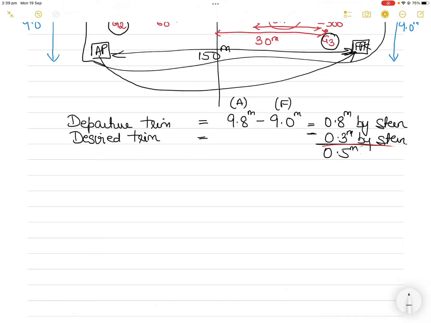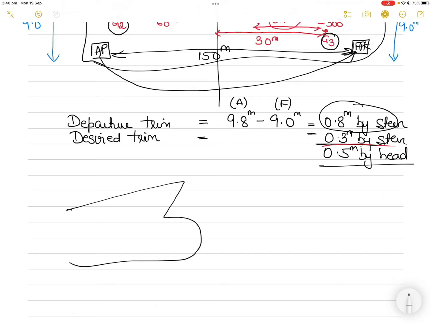Sorry guys, it will not be by stern, but by head, because initially your vessel was 0.8 meters by stern, and then it goes up by 0.3 meters. I'll show it to you by a drawing.